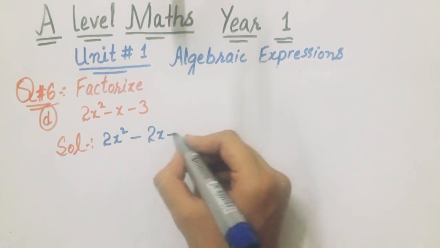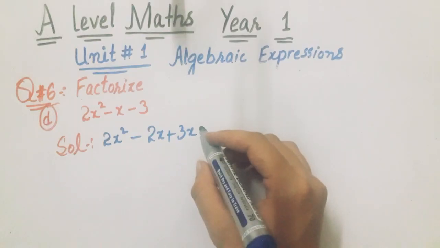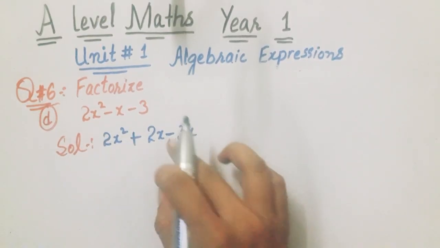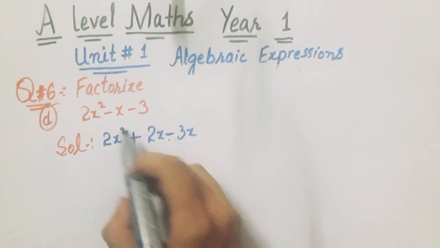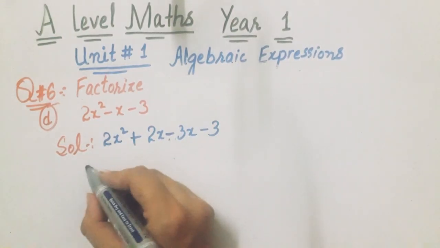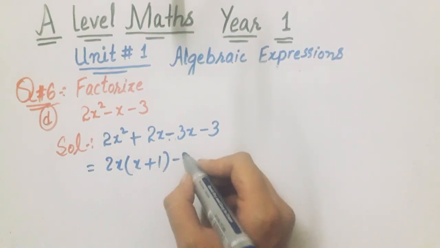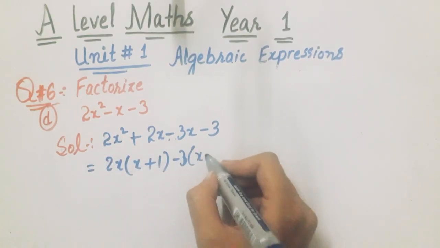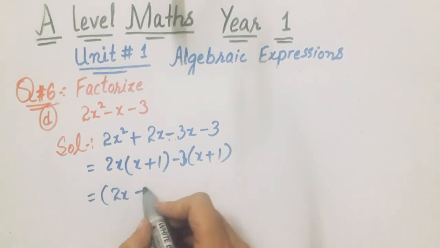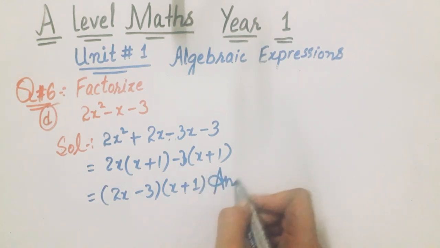So 2x plus 2x minus 3x, because the large value has a negative sign, minus 3. We will take 2x as common, remaining is x plus 1. Then minus 3 is common, remaining is x plus 1. So we get 2x minus 3 and x plus 1. So this will be the answer.